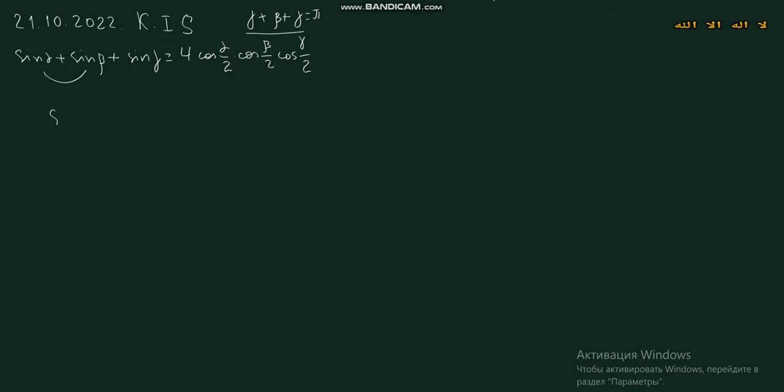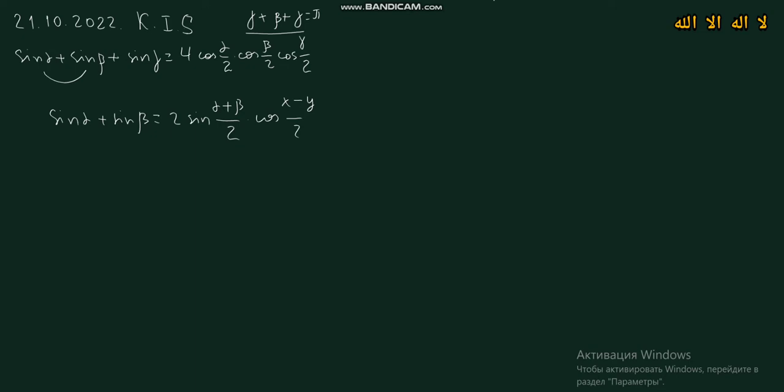We know that sine alpha plus sine beta equals 2 sine of alpha plus beta over 2, half the sum of these two angles, times the cosine of half of the difference between the two angles.